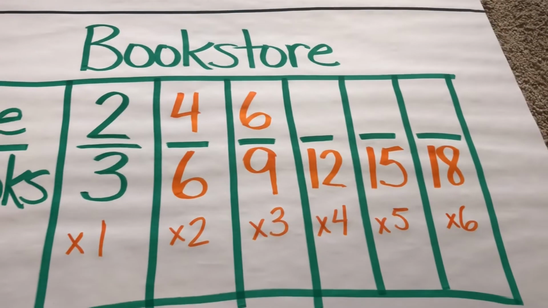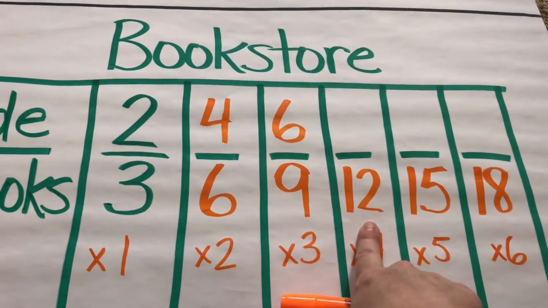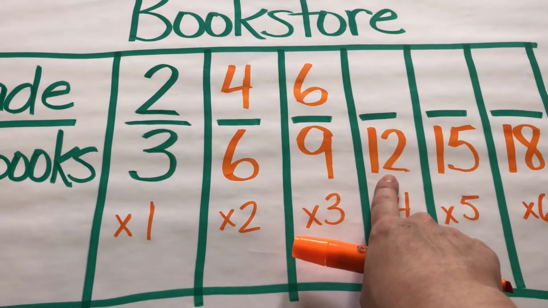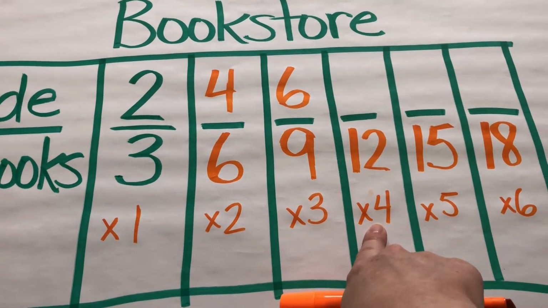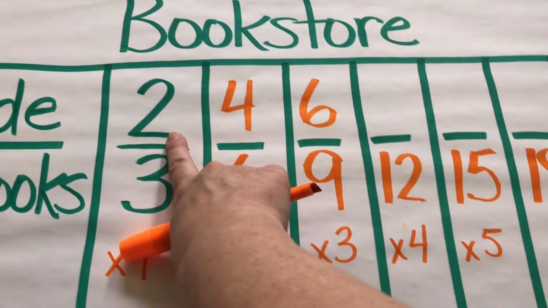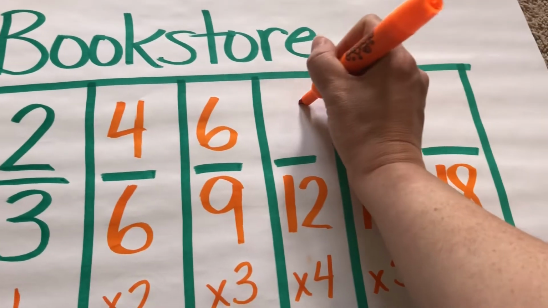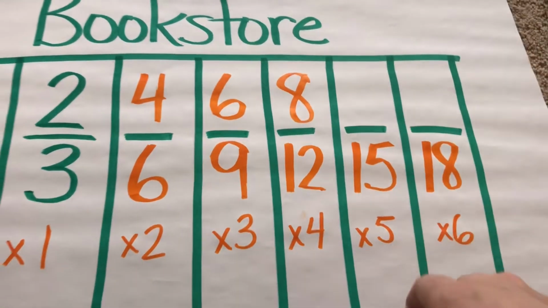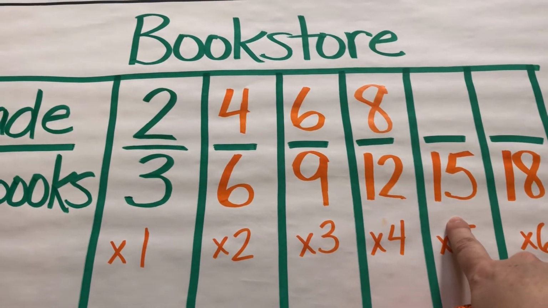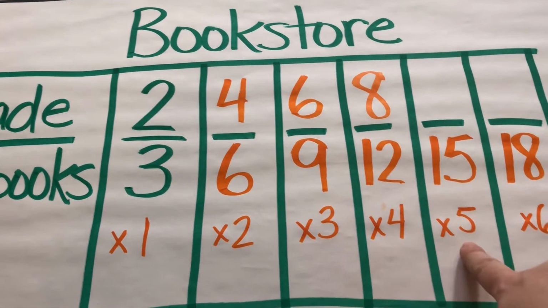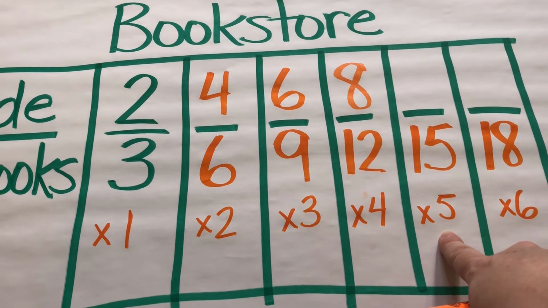All right. Now, if we have a denominator of 12, if you bring in 12 books, that was multiplied by 4. So now let's take our numerator and multiply by 4. 2 times 4 is 8. And now let's go with, if you bring in 15 books, that was multiplied by 5.